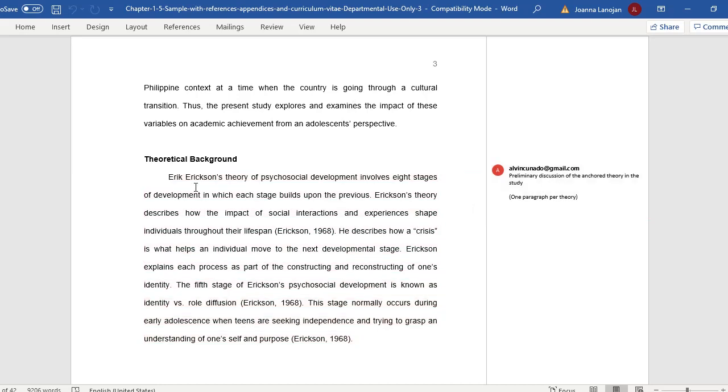Erik Erikson's theory of psychological development involves eight stages. It describes how social interaction has an impact, and how a crisis occurs. Then the fifth stage. You relate it so that the theory supports your study. Since their study is about parenting, they chose Erik Erikson's theory.